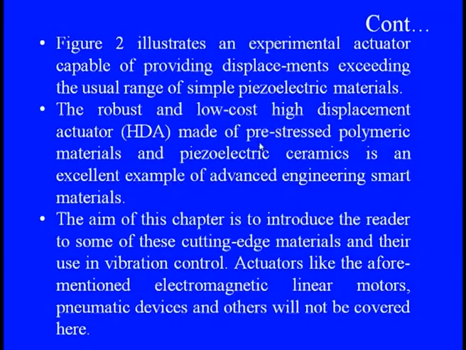The aim of this entire part is to give cutting-edge materials and their use in vibration control straightaway, because through that we need not add any special sensor or actuator part. The actuators we discussed, like electromagnetic, linear motors or pneumatic devices, we will not put here, because our main focus is the smart material part.